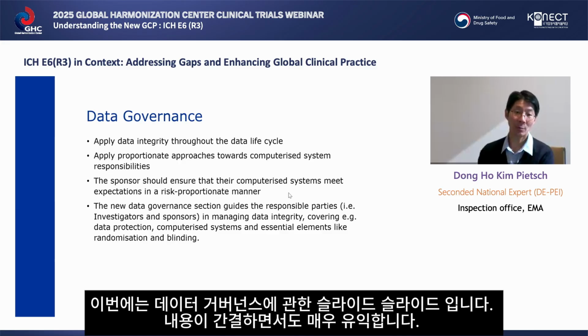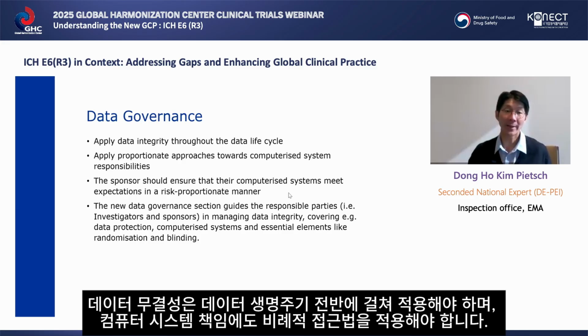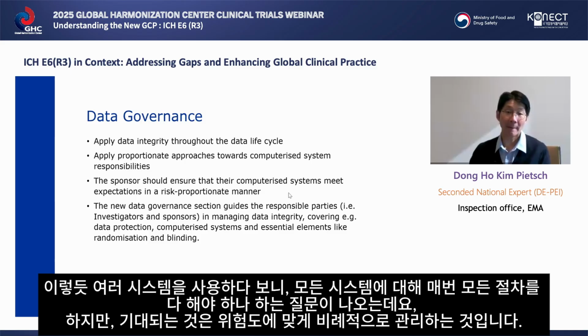Here I have one or two slides on data governance, which is rich, compact, and very informative. It's about applying data integrity throughout the whole data life cycle and applying proportionate approaches to computerized system responsibilities. There's been the question: we're using all those systems, do I now need to do all this work for all these systems?